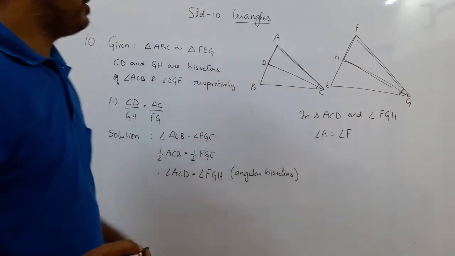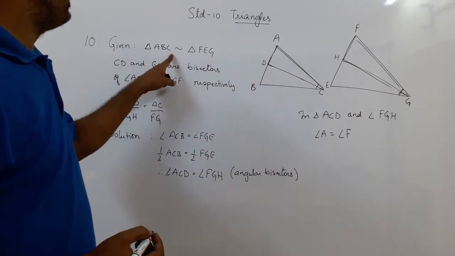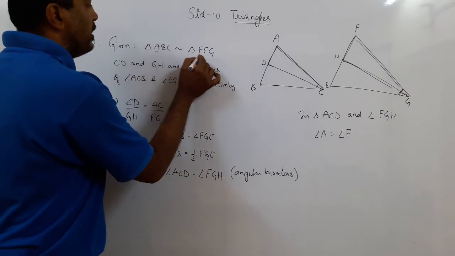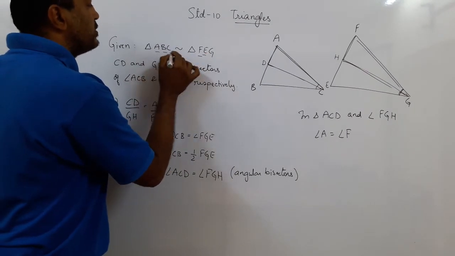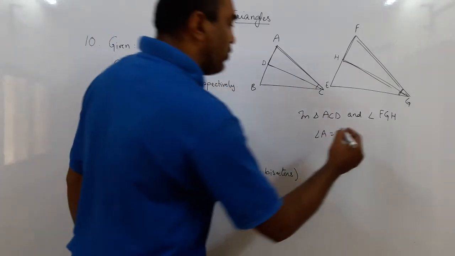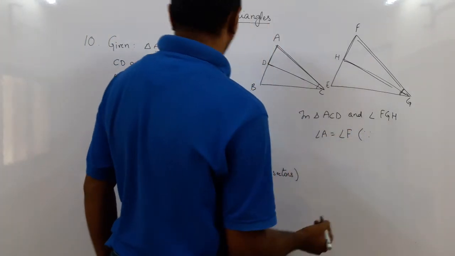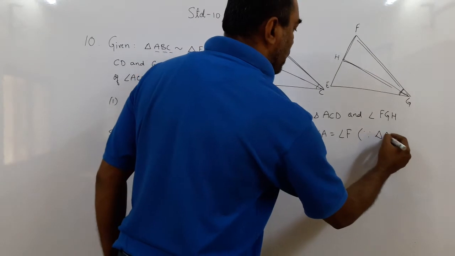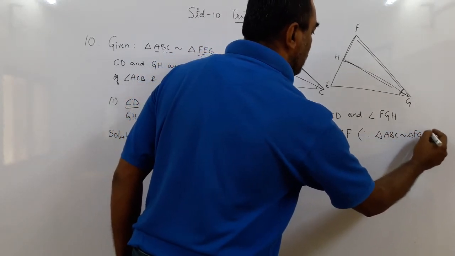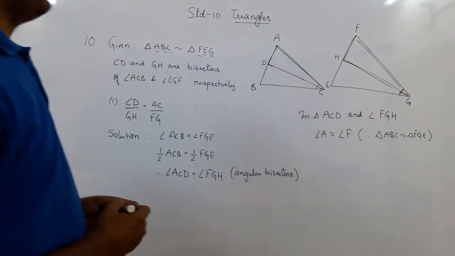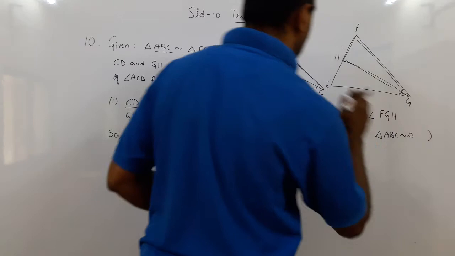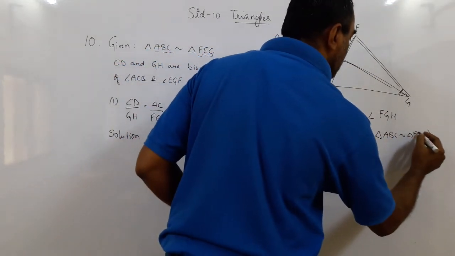Now why is angle A equal to angle F? Because ABC is similar to FEG, meaning angle A is equal to angle F, angle B to angle E and angle C to angle G. Sorry, ABC is similar to FEG.